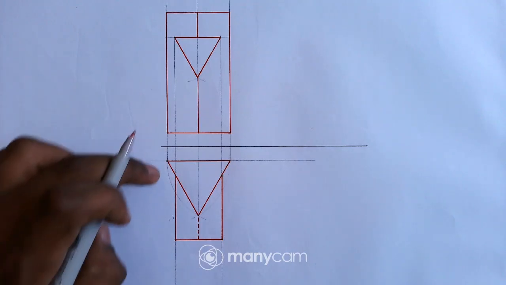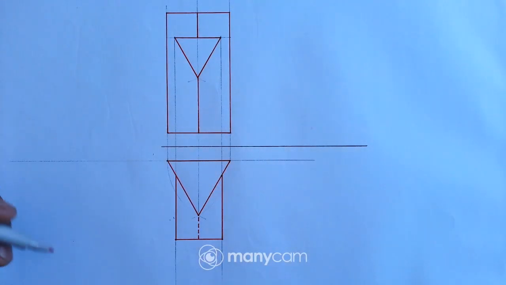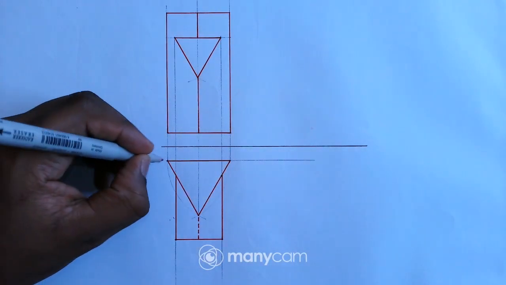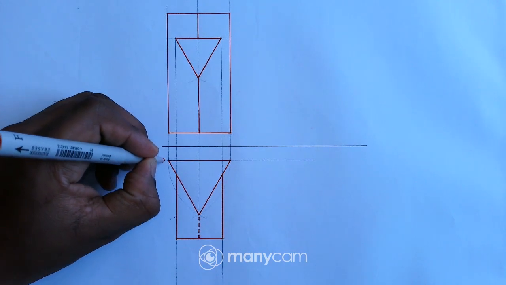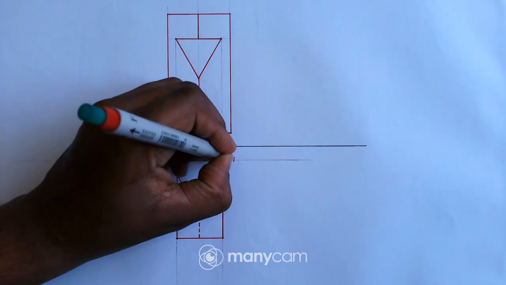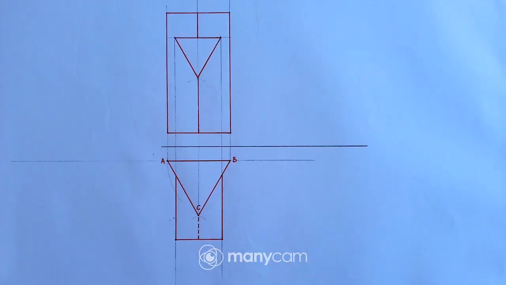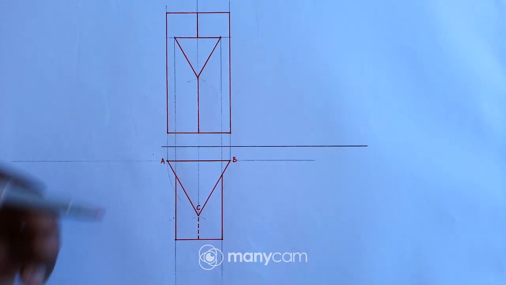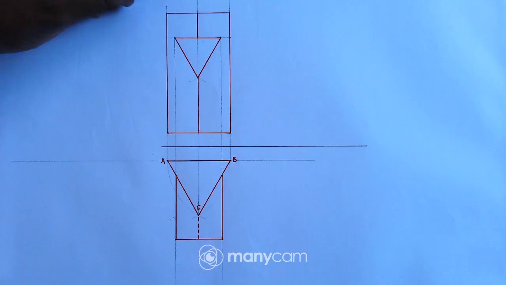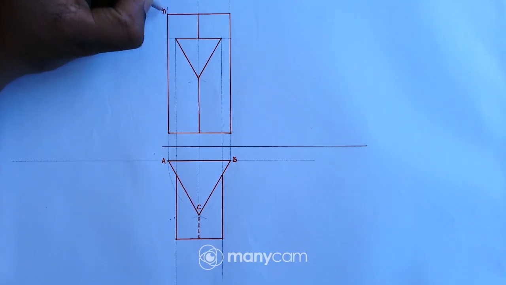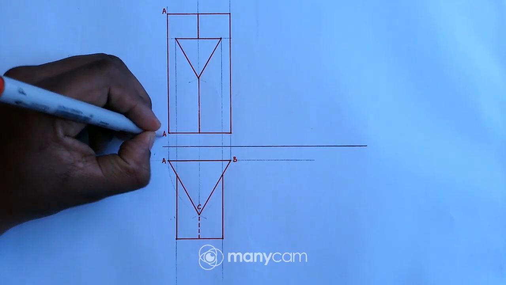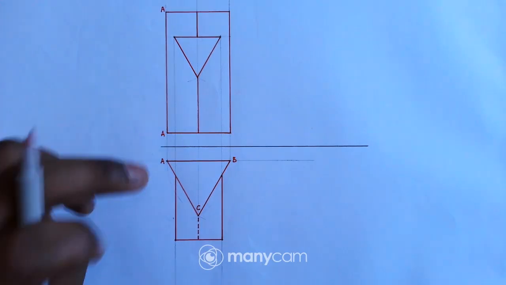Okay, so now I'll have to label my points. I'll start with this triangle down here. So I can just say this is point A, B, and C, right? Okay, and then obviously here I'll have A, so this is line AA because this is a prism, right?